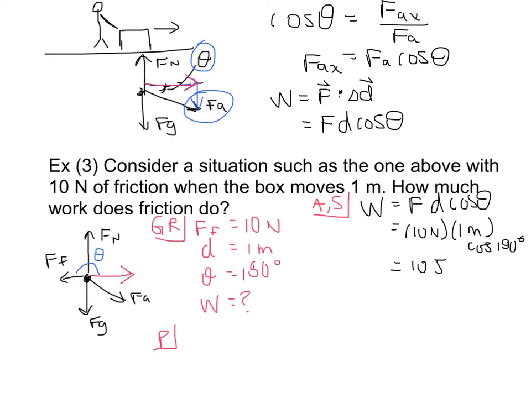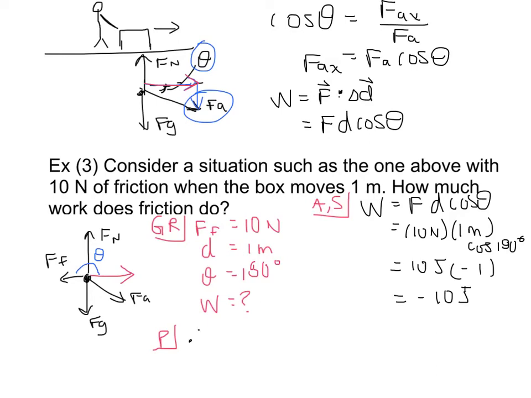And the cosine of 180 degrees, if you plug that into your calculator, or if you've done math with this already and you know what the value is, you'll know that the cosine of 180 degrees is -1. So our answer is -10 joules.